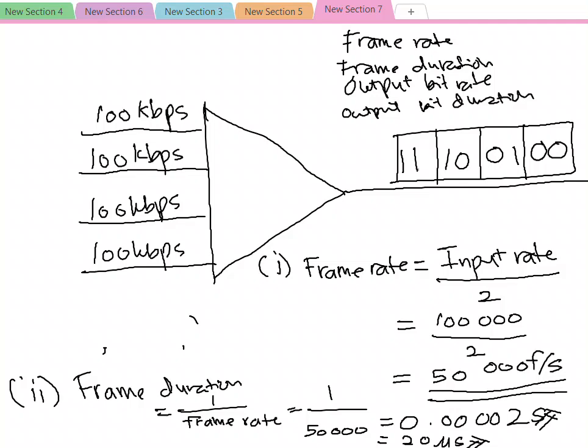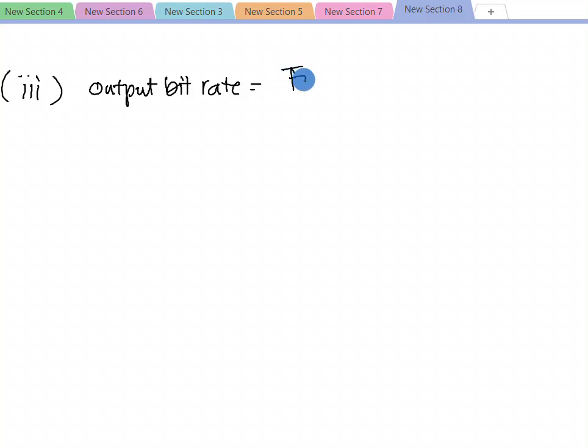Okay. Next, kita nak cari output bit rate. Output bit rate equal to frame rate multiplied by frame size.